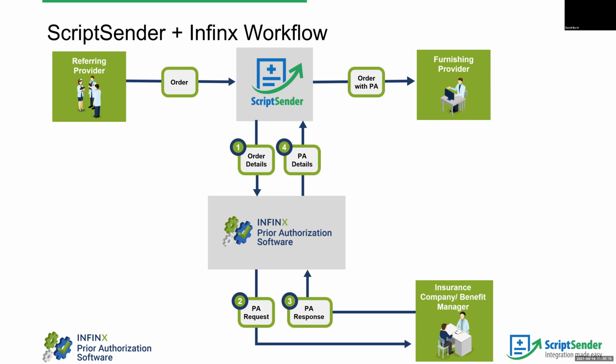Once we get that information back, we push the information to ScriptSender, and that information goes back into the rendering or furnishing provider. But to get into more detail on how we actually do this, if you can go to the next slide, Jim.